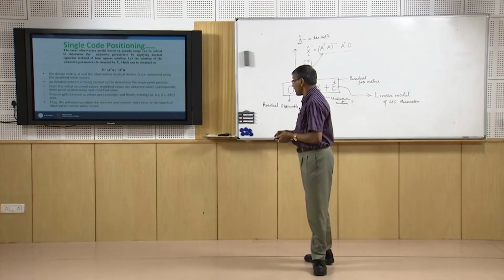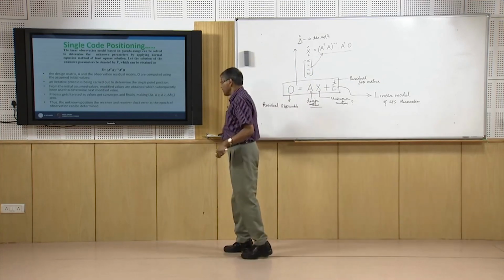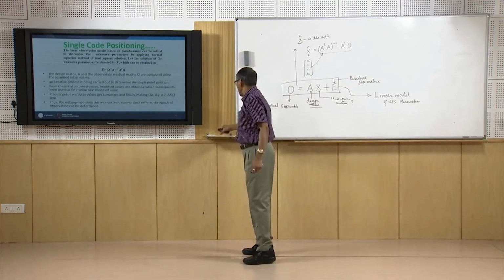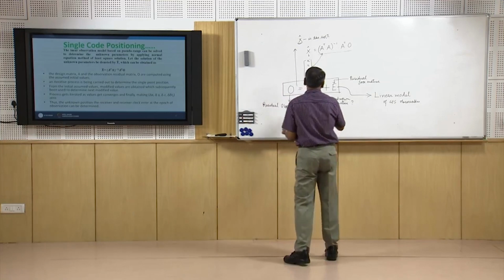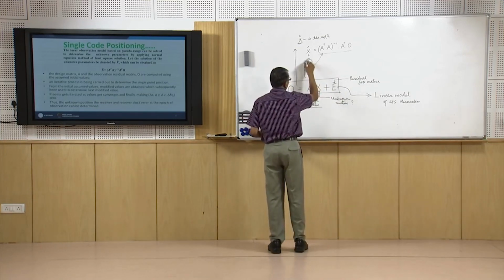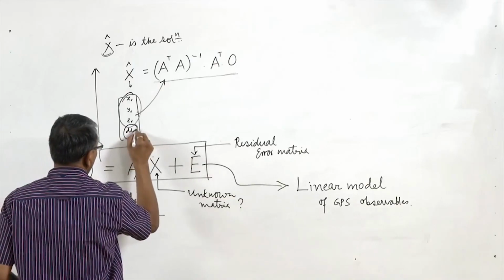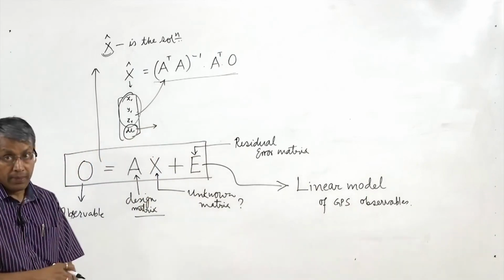So, this is how we find the unknown position of the receiver. This is the unknown position of the receiver, and this is the receiver clock error.